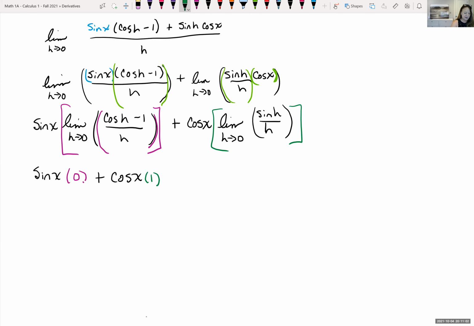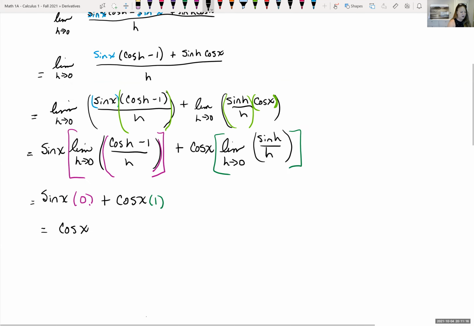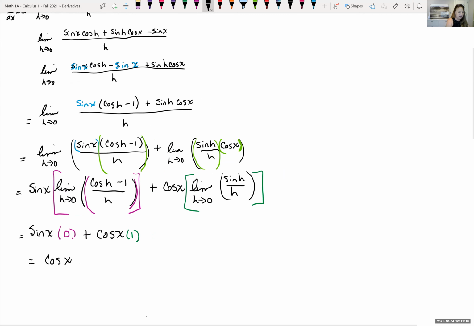So anything times 0 is 0, plus cosine of x times 1 is just cosine of x. And recall, that's what we were looking at: taking the derivative of sine of x. We got back cosine of x.